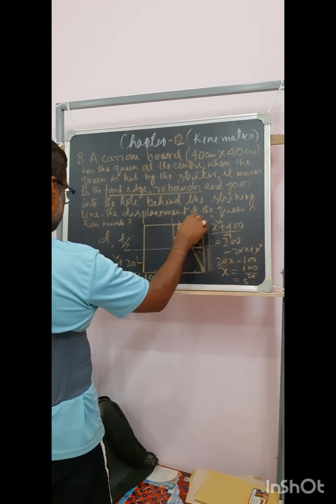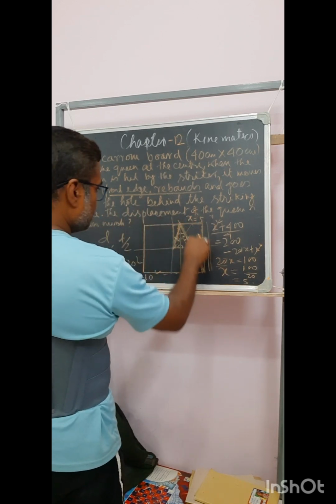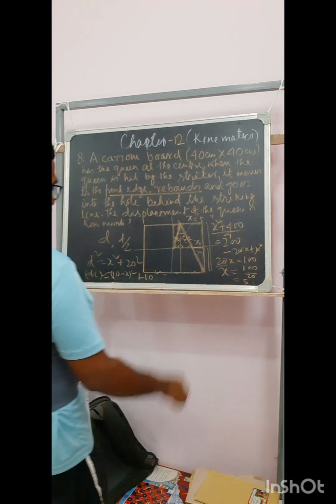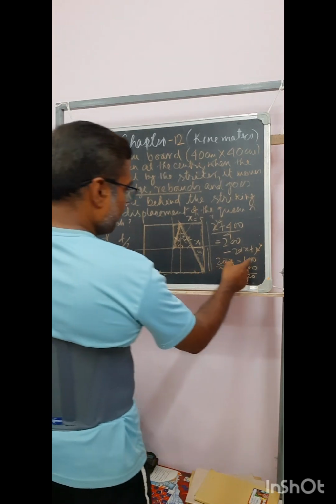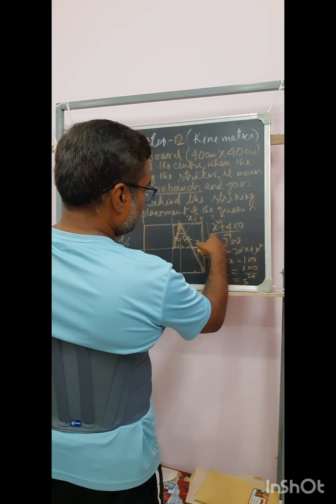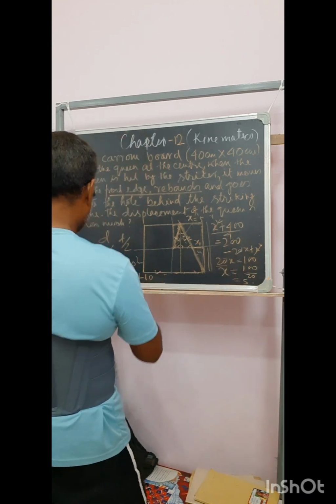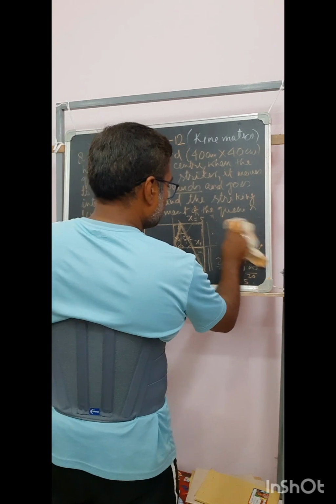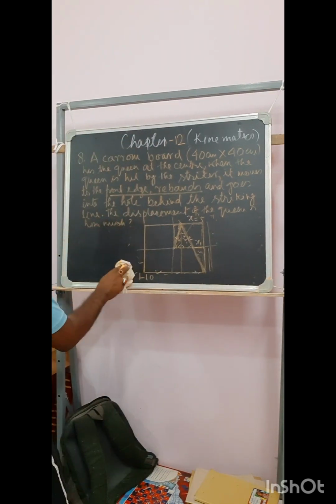If we consider x, d square is equal to x square plus 20 square. So 400. Oh, 400 is this way. This is 400 by, oh, sorry. I've made a mistake here. Sorry.